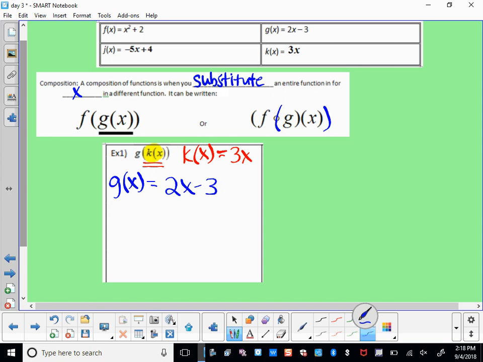Please do not skip steps right now. Write exactly what I'm writing. What we're doing is taking whatever's on the inside and plugging it in here, for that x. I want you to draw your arrow and everything.